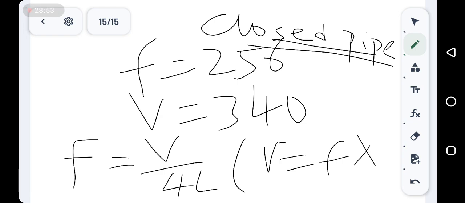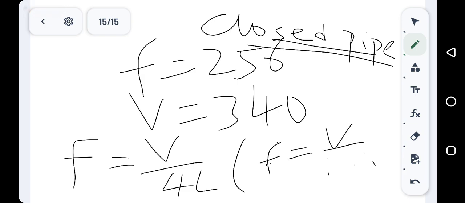Now, if you make F the subject, it gives us that F is equal to V over lambda. In a closed pipe, lambda or wavelength is equal to 4L.